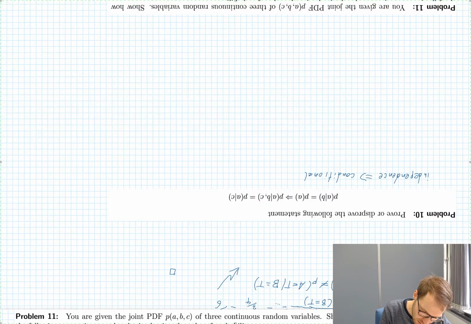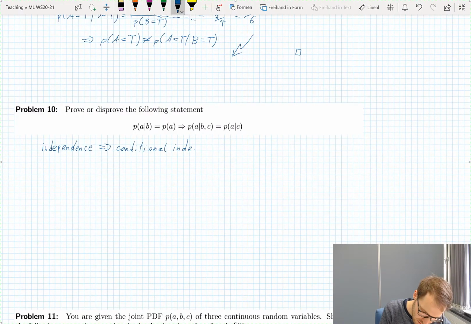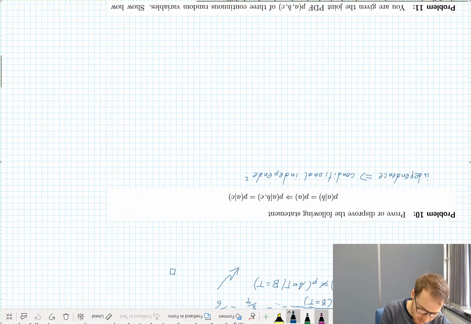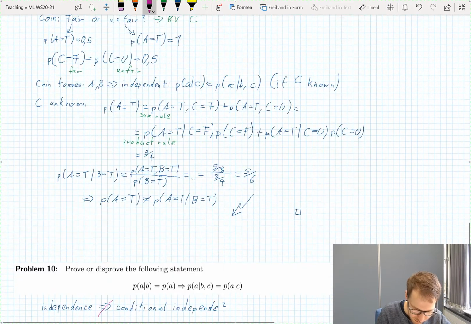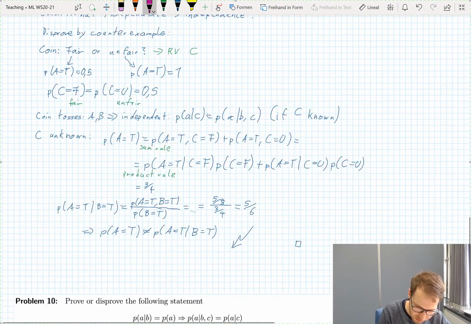So we look at the other way. And as I said earlier, as people might know, this is not true. Let's actually write this down here as well.